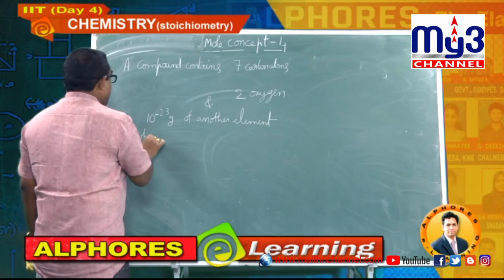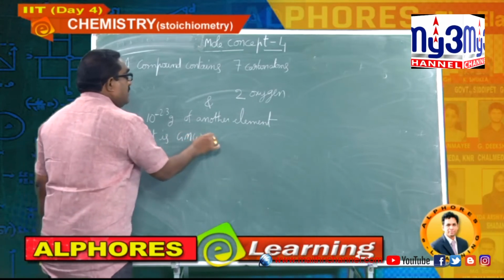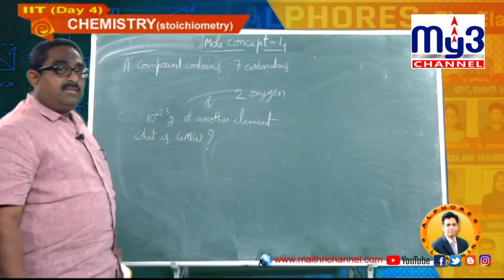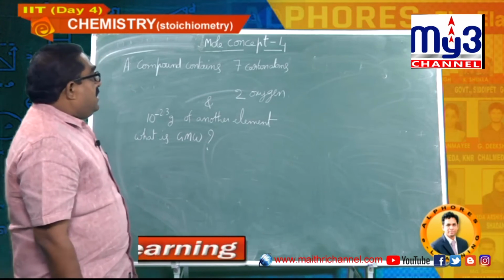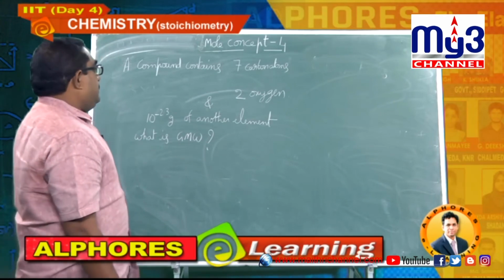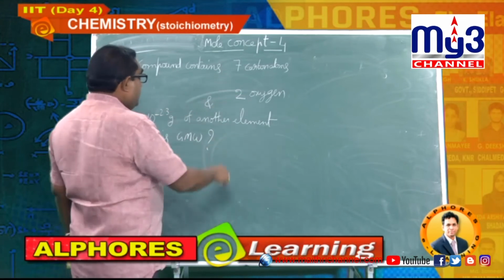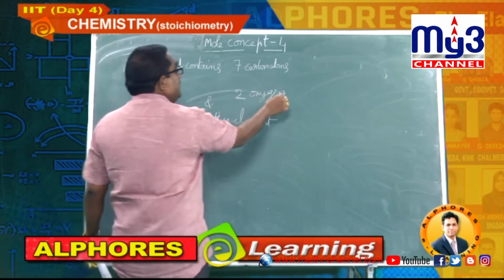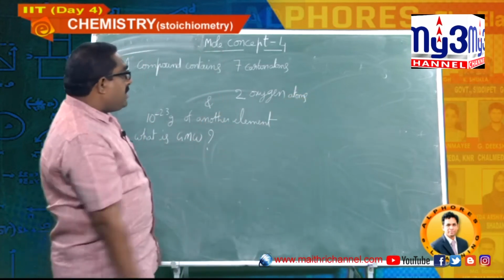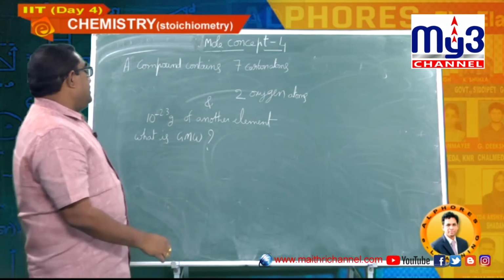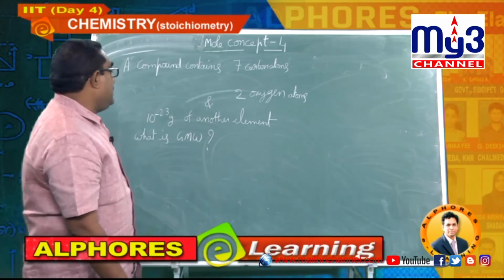What is the molar mass of the compound? What is the molar mass of the compound? He has given the data in terms of atoms for carbon and oxygen. Here also please write atoms. But coming to some unknown element, he has given 10 power minus 23 grams of the element.